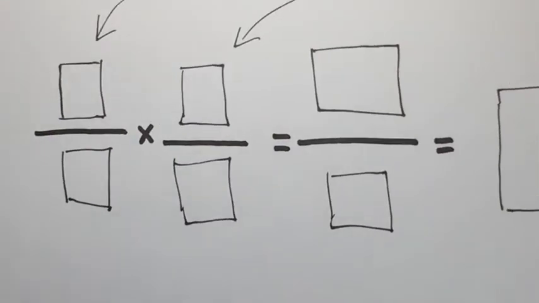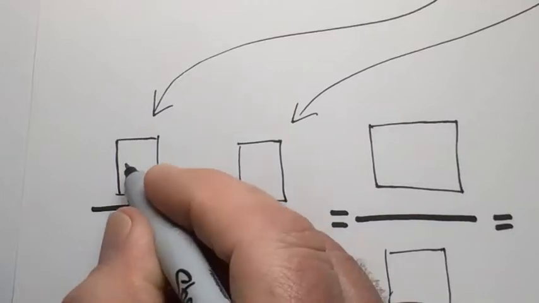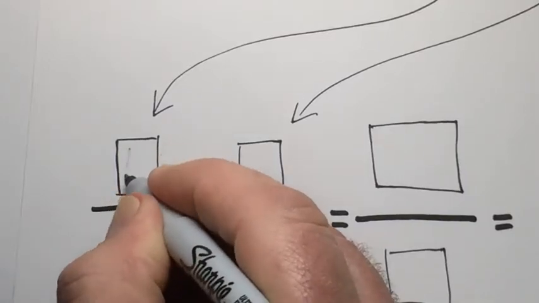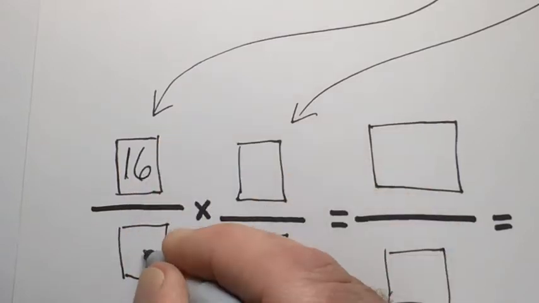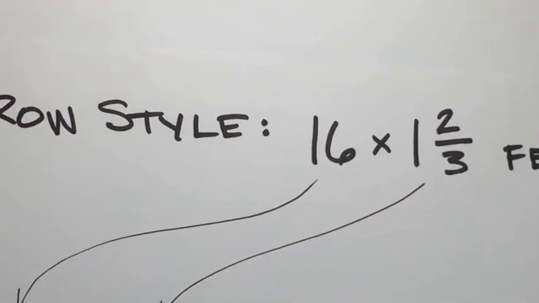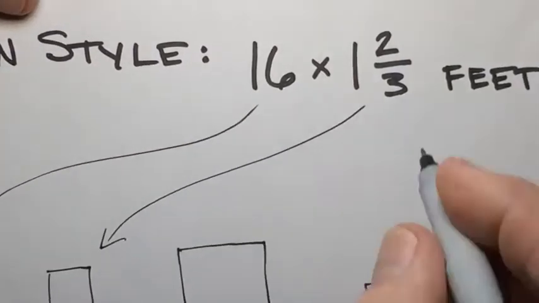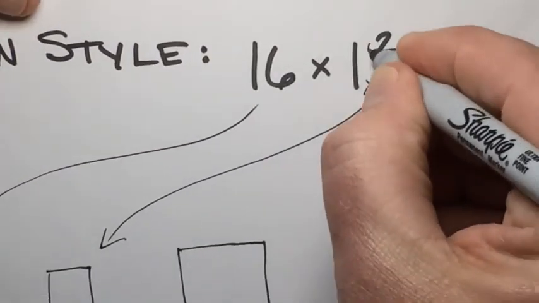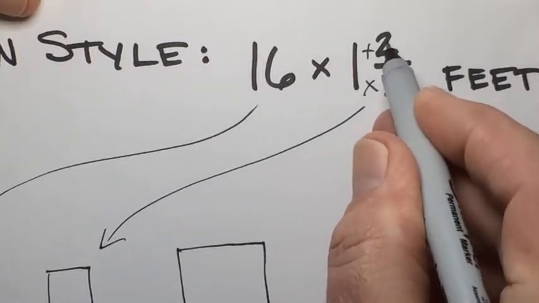Okay, so to find out these boxes here, we're going to take that 16 and make it into 16 over 1, which is the same thing as 16. And the 1 2/3 will be 3 times 1 is 3, plus 2 would be 5.